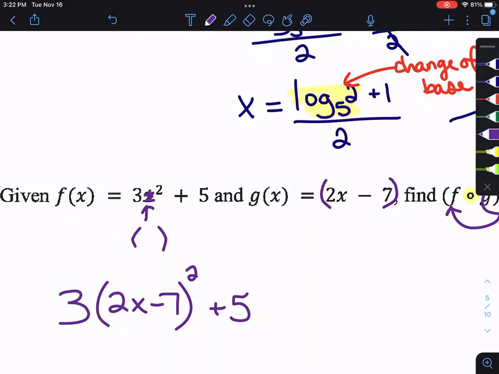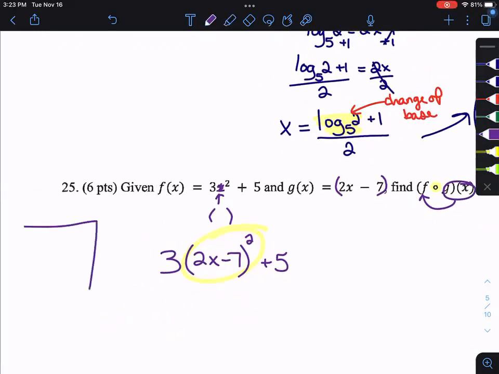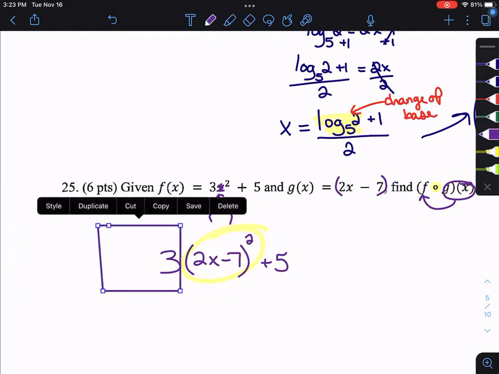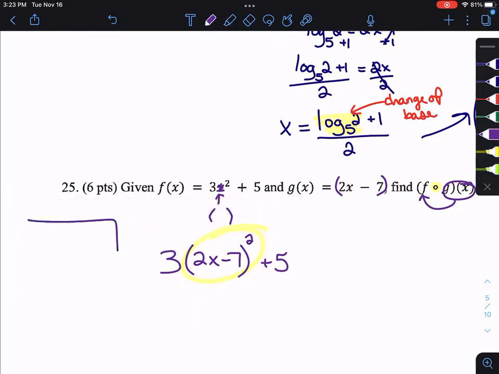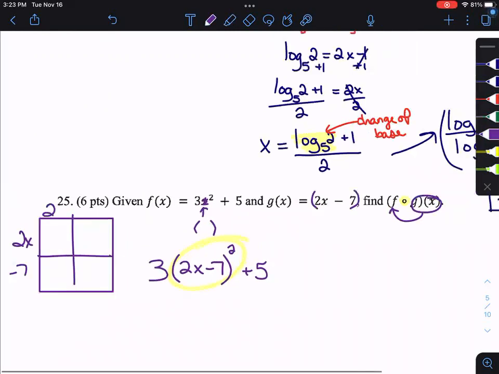So now in order to simplify this, we need to compute this portion right here, the 2x minus 7 squared. Easiest way to do that is to draw yourself a box. You're going to take 2x minus 7 times 2x minus 7.